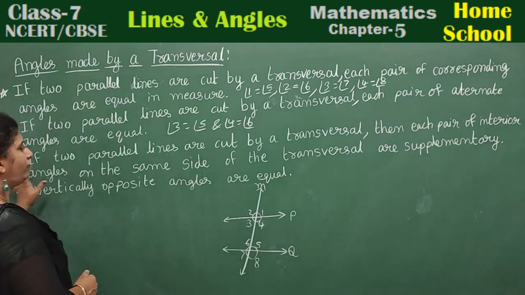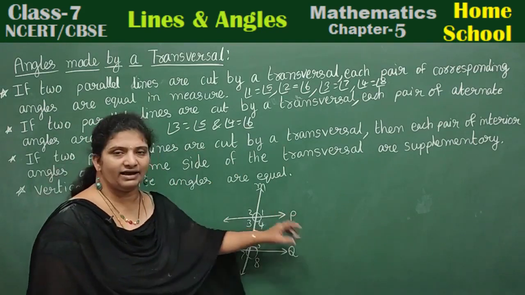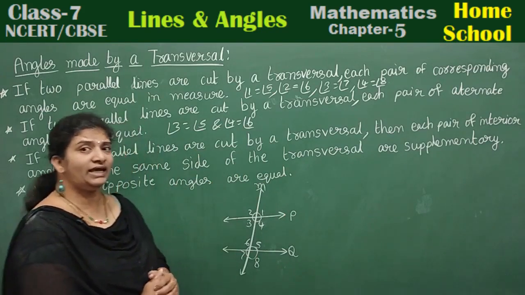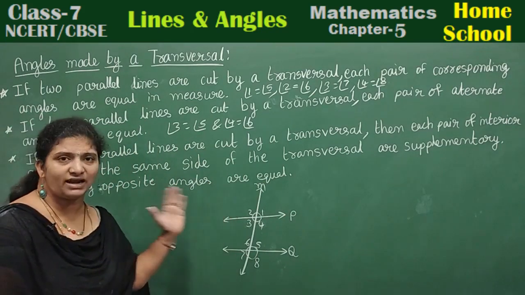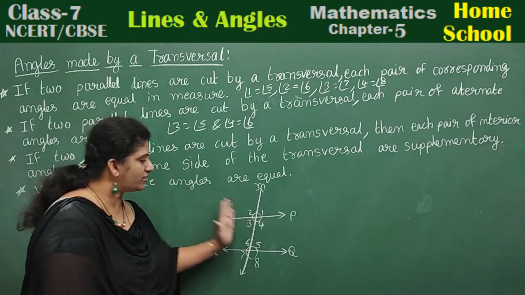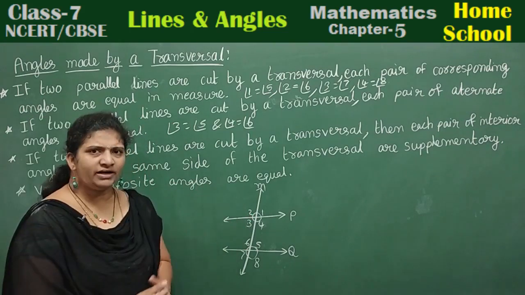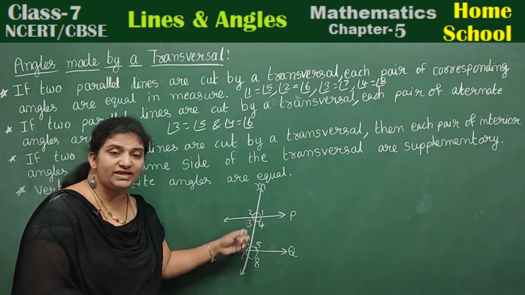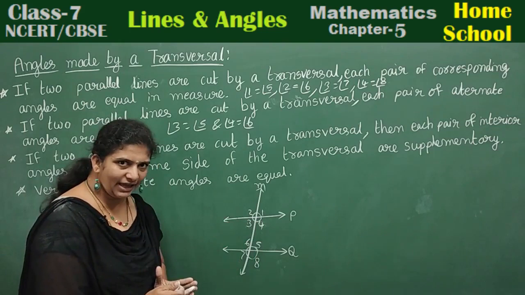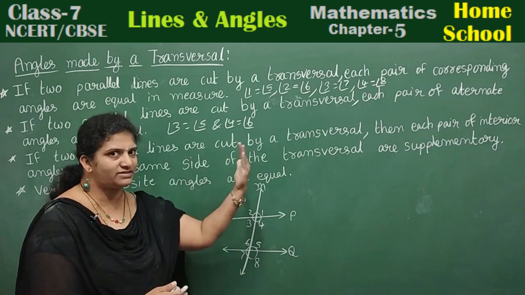Next point, if two parallel lines are cut by a transversal, then each pair of interior angles on the same side of the transversal, understand here carefully, are supplementary. Supplementary means what, children? The sum of these two angles, and these two angles, is 180 degrees, either this side or that side.